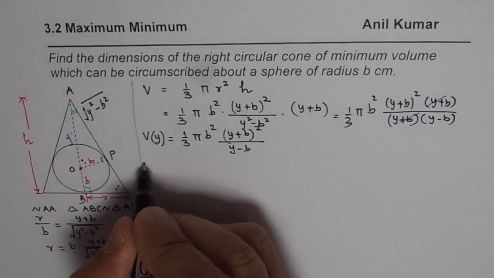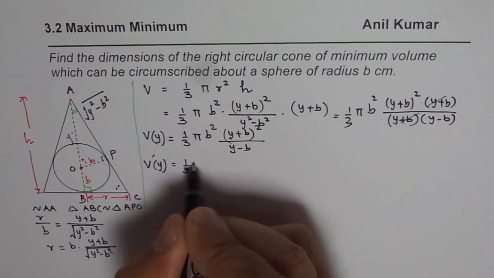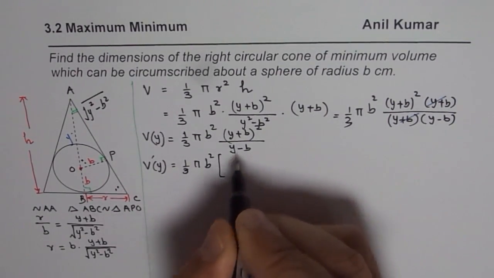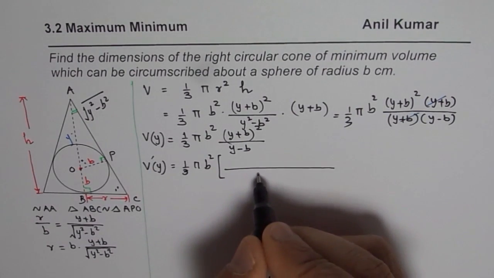Now this, we can differentiate with respect to y. So we get 1 over 3 pi, b is constant, right? So b square we take as a constant. That is a part which is not variable. So let's find the derivative of this one. We'll use the quotient rule.